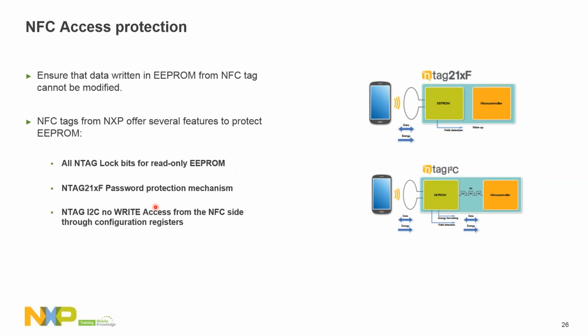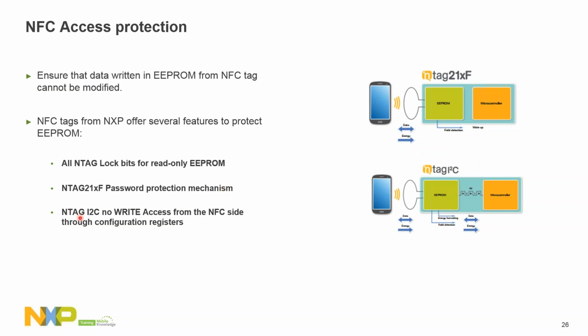Also, NTAG-F products offer a password protection mechanism. And while it is not a cryptographic method, it still offers some valid level of protection. Here, certain parts of the memory can require a password authentication to write into them, and even to read and write into them. And obviously, only those entities in possession of this password will be able to access this part of the EEPROM memory.